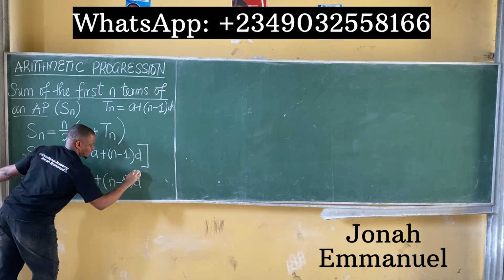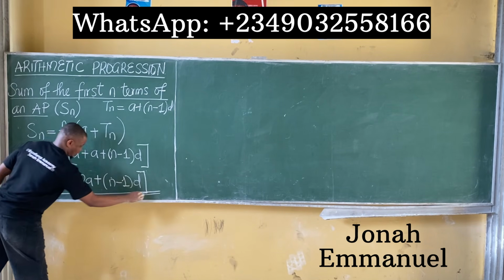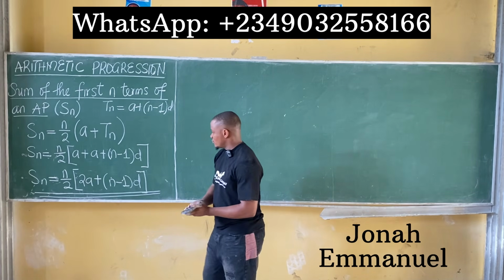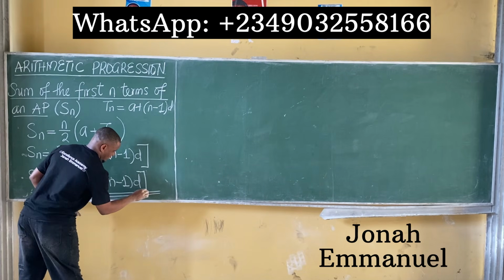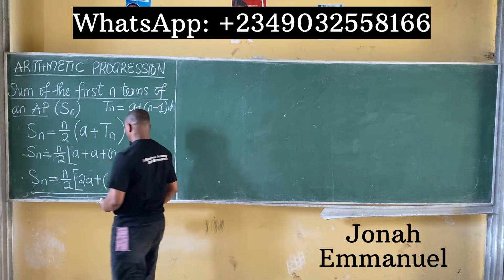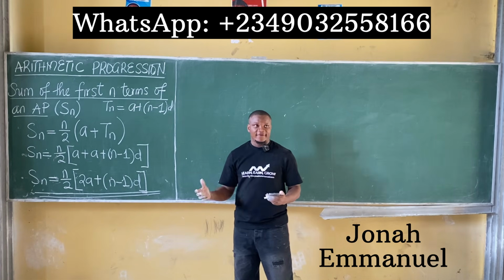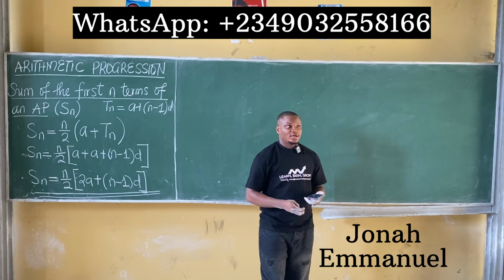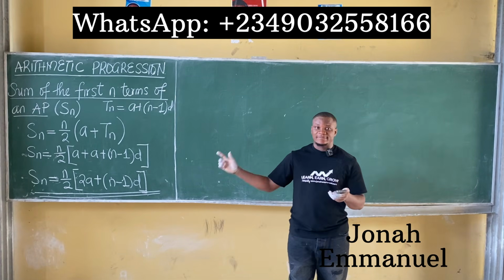So this becomes the formula to calculate the sum of n terms of an AP: n over 2 into 2a plus (n minus 1)d. This is the formula we use to find the sum of the first n terms of a given AP. We'll take an example to explain this better.